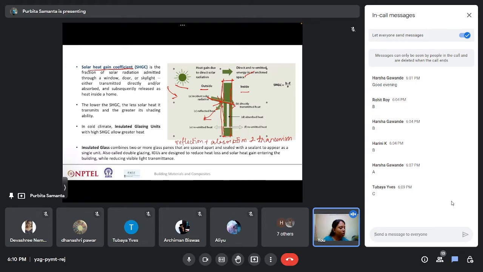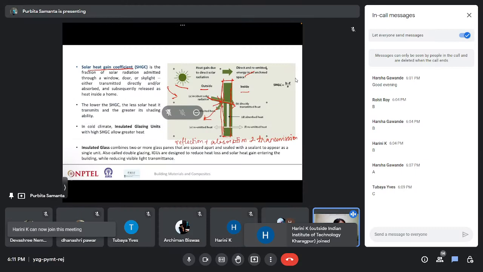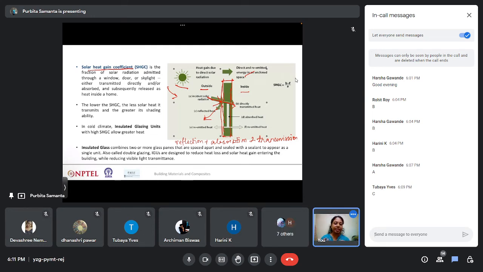These are different stages of how the incident solar radiation is reflected, transmitted, or absorbed by the body on which it is falling. It depends upon the physical characteristics of that particular material on which the solar radiation is incident.